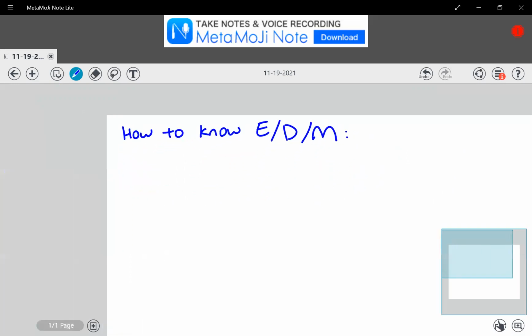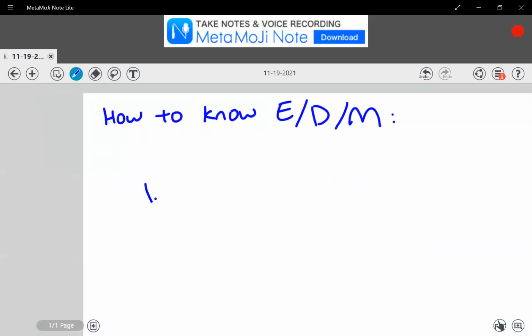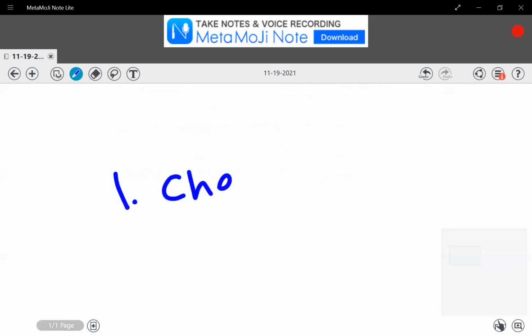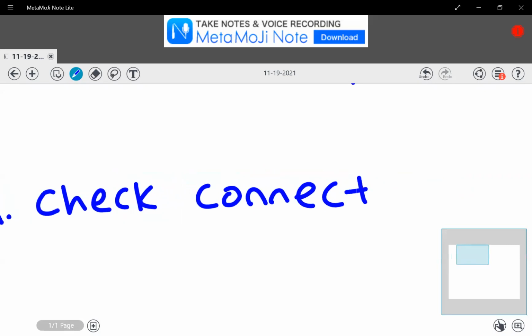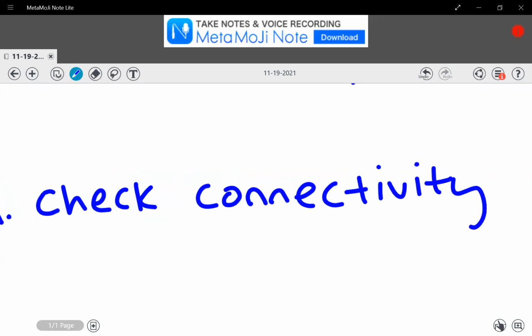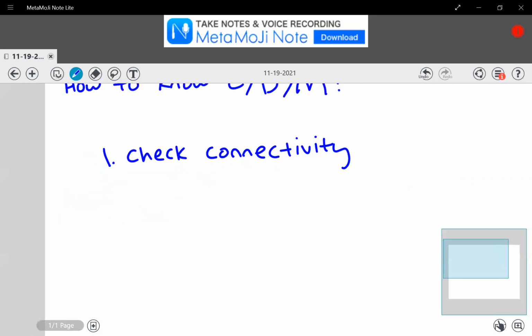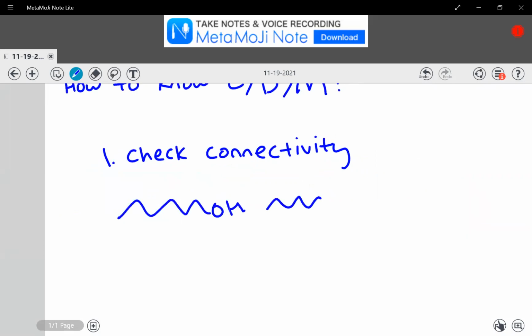First step is to check connectivity. Check how the molecule is connected. If they're connected in the same way, like these two, congrats, you can move on to step 2.